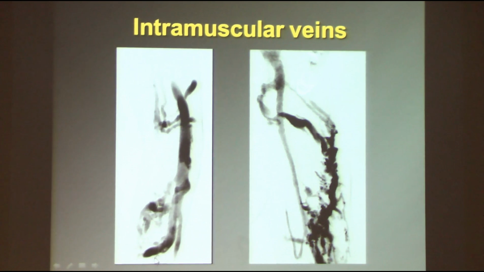More anomalies. So here's a marginal vein, and you can see all these connections into the muscle and into some of the deep veins. And here's another vein that's connecting the deep veins from the calf to the thigh, and it's running in a squiggly fashion through the quadriceps or hamstring muscles.